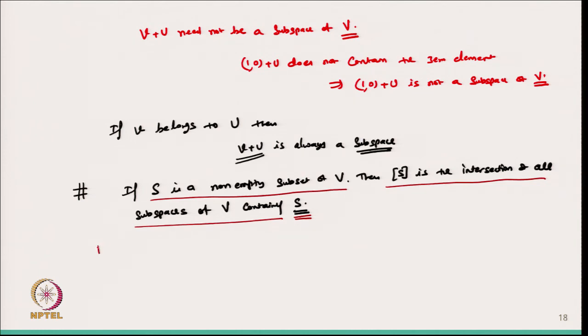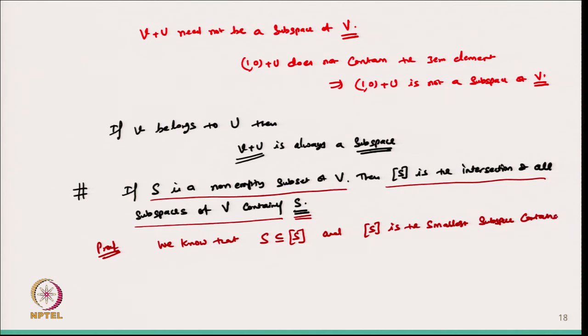Now I can prove it, because we know that S always belongs to span S, and we also know that span S is the smallest subspace containing S. So, whenever S is there, span of S is also there in that subspace.